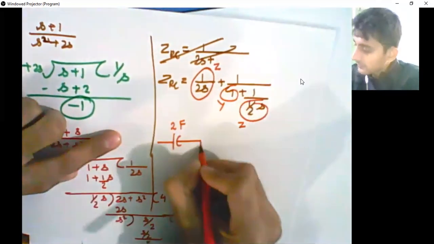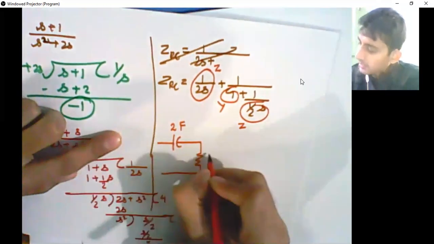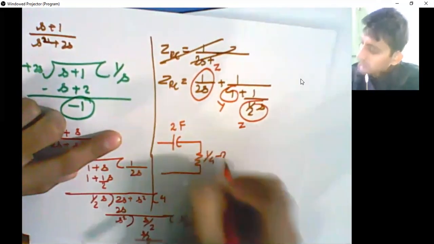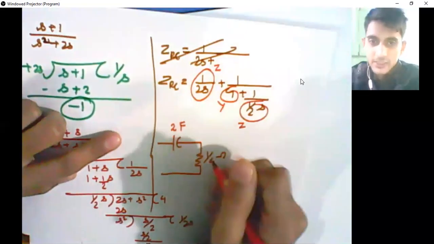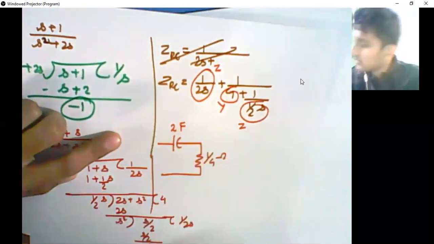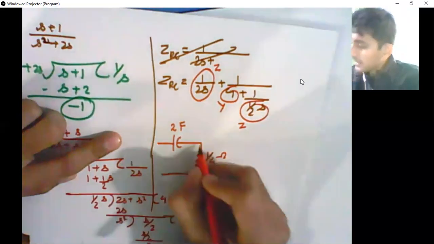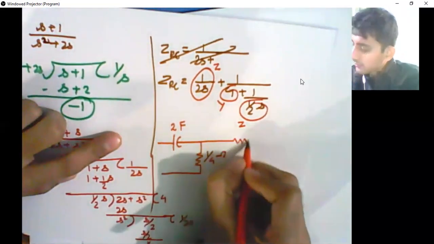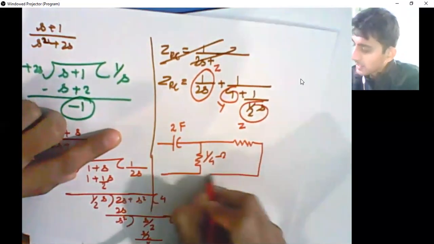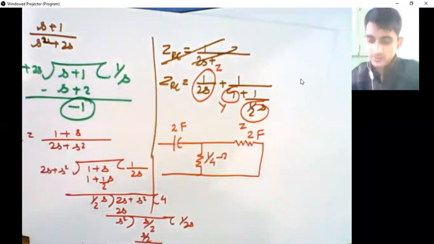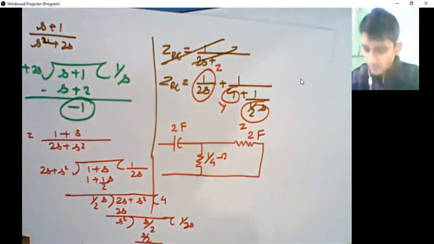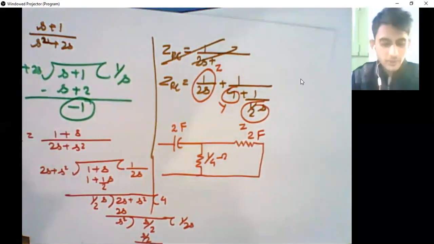Then you have in parallel a 1/4 ohms of impedance, क्योंकि 4 था तो वो admittance की representation में था, but it is 1/4 ohms like this. And then in series of this you will have again, because it is 1 upon 2S, a 2 farads of capacitance. Okay, so that's how you can get these forms.